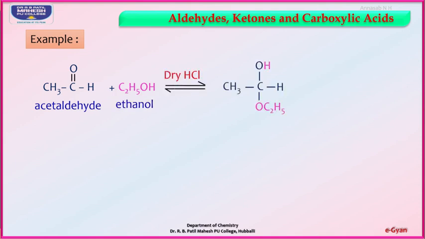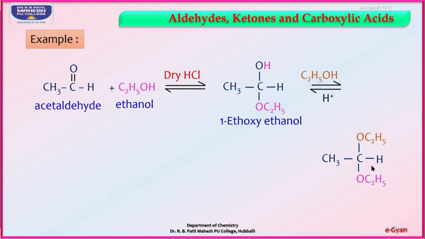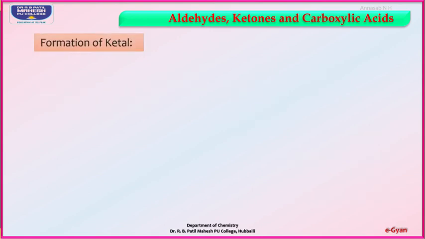In presence of dry HCl, it forms ethoxyethanol, which on reaction with another mole of alcohol gives CH3CH(OC2H5)2, and water is byproduct. The name of the acetal formed in this case is diethoxyethane. Similarly, when alcohol reacts with ketone, they form ketals.